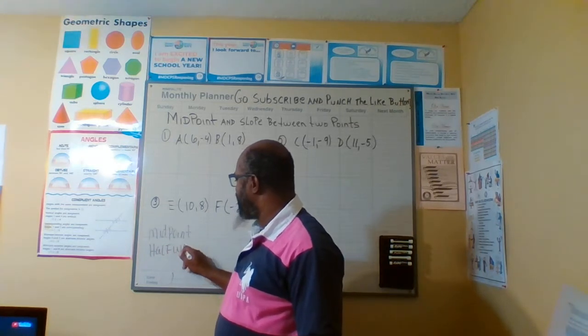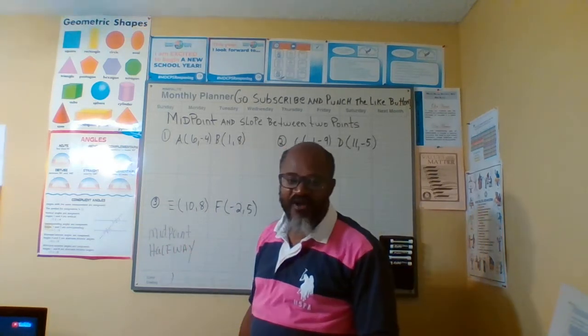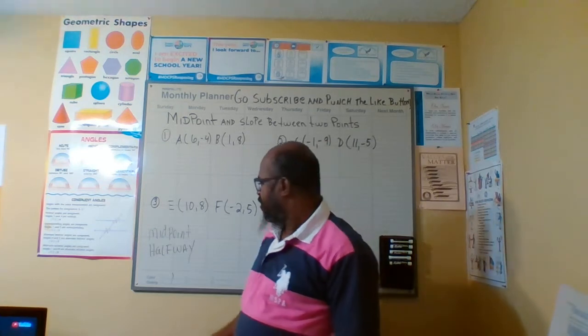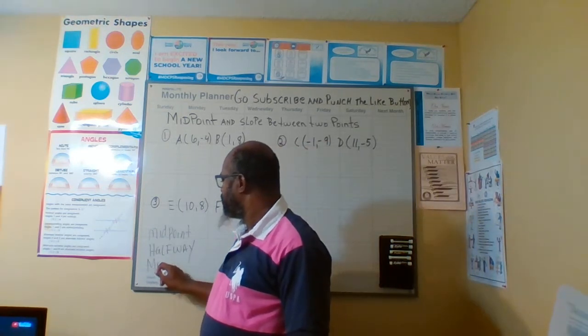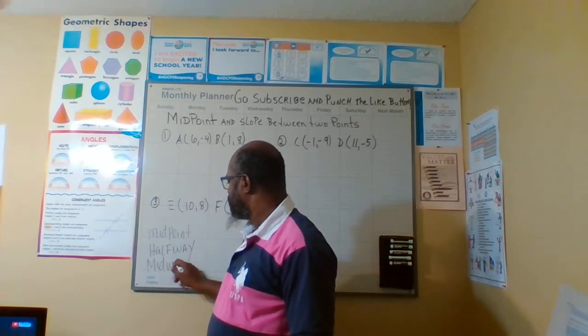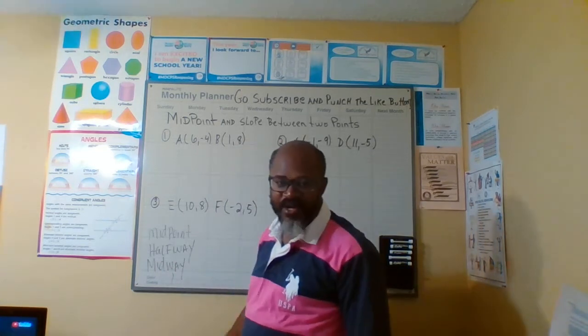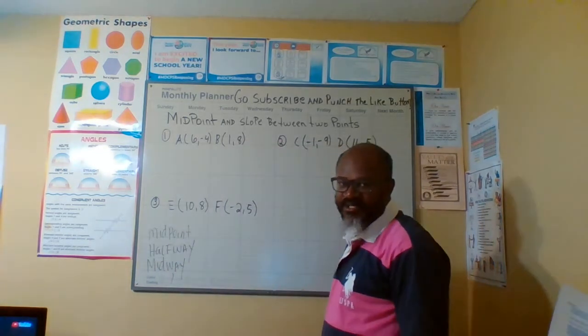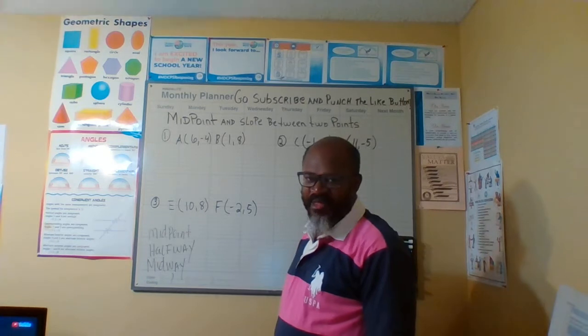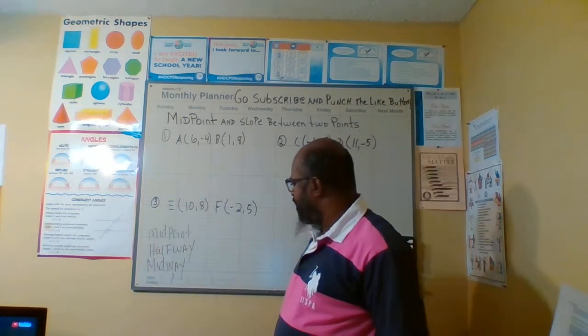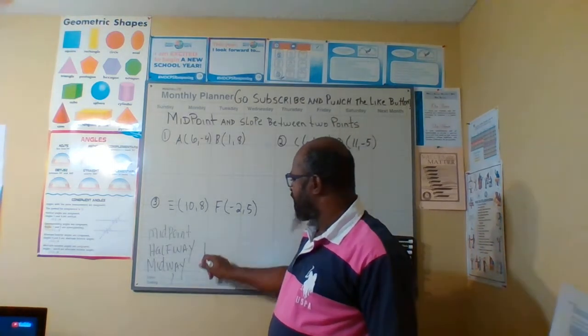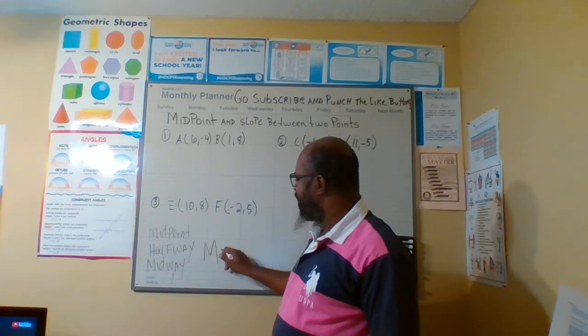So if they ask you to find halfway, they actually need you to find the midpoint or midway. That means half of the way. Those are the terminology of midpoint. When you find the midpoint, it is represented by capital M, right?